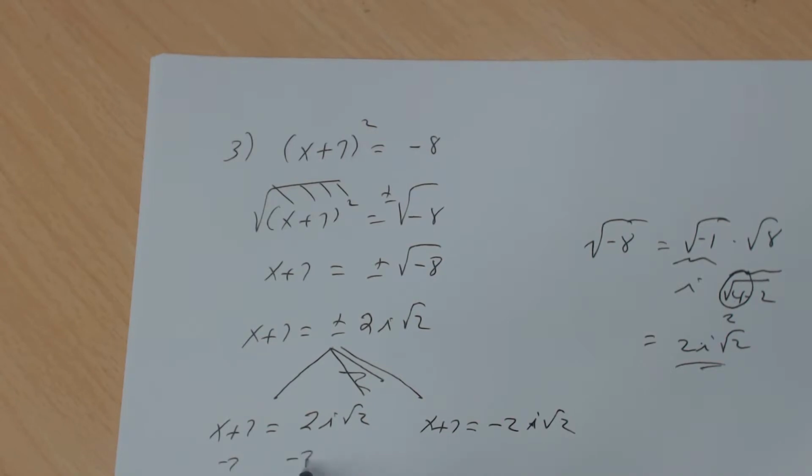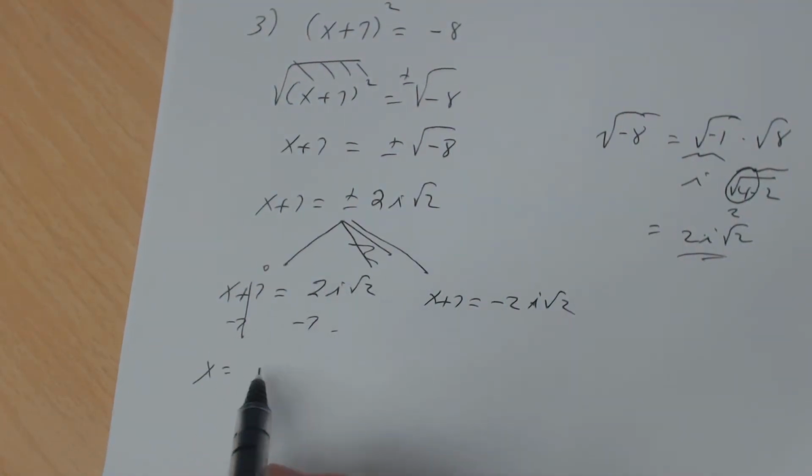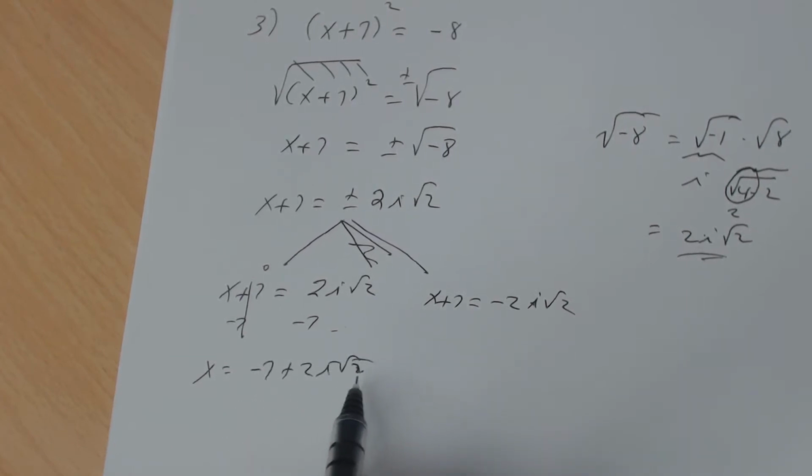And then subtract 7 from both sides, right here. Just like you did before, you get x equal, and remember, those are not like terms. For one thing, this one doesn't have an i square root of 2. This has an i square root of 2. This must have an i square root of 2 to be able to combine them. So I get x equal negative 7 plus 2i square root of 2.